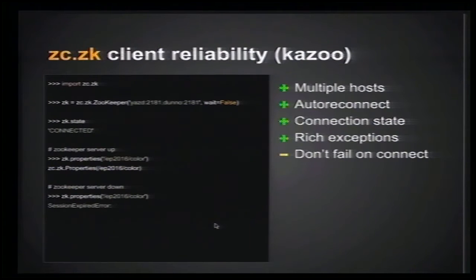And you can change this with the wait parameter, but it will raise an exception. Okay? So it's not for those of you who are used to the Python memcached library. You have to know about this and handle it because it can block your whole application if no Zookeeper server is up.